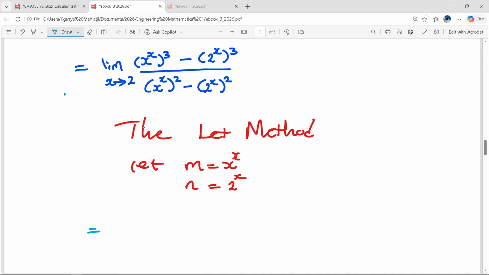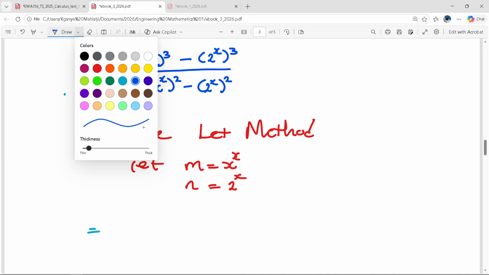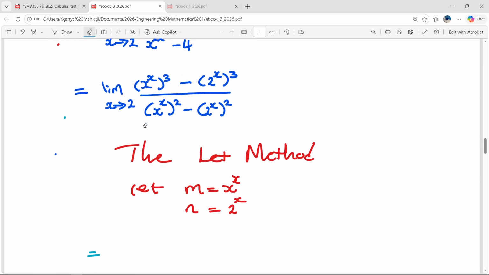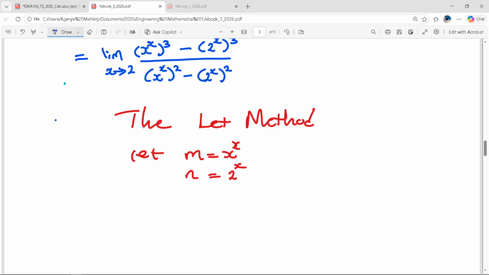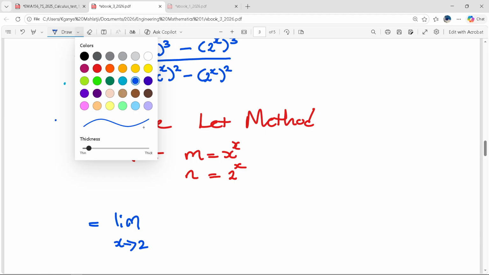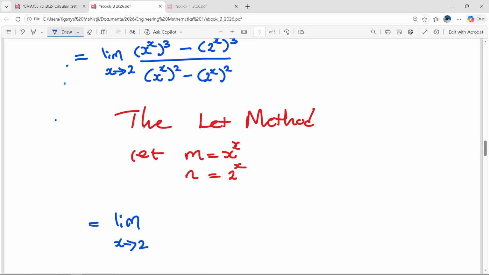You will say the limit as x approaches 2 of m cubed minus n cubed over m squared minus n squared.